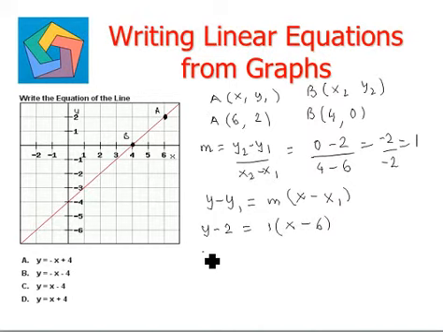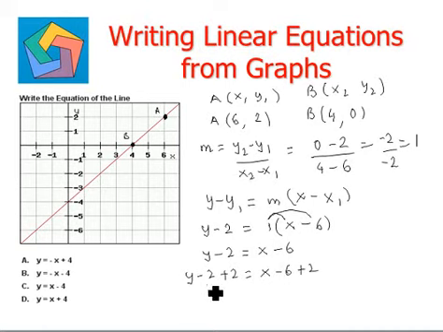So y minus 2 equals, using the distributive law, 1 times x is x, 1 times negative 6 is negative 6. If we add 2 on both sides, negative 2 plus 2 becomes 0, so y equals x, and negative 6 plus 2 is minus 4. y equals x minus 4 is the final answer and can be seen in option C.